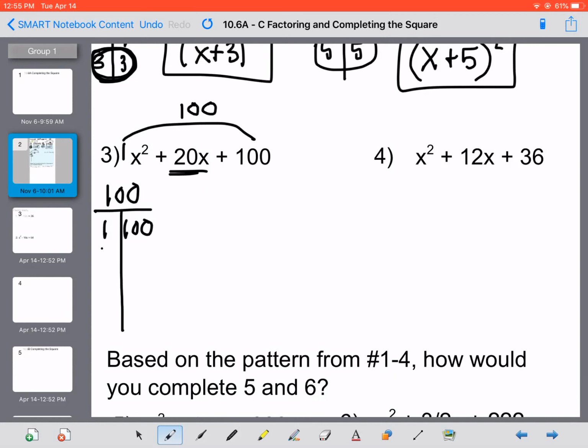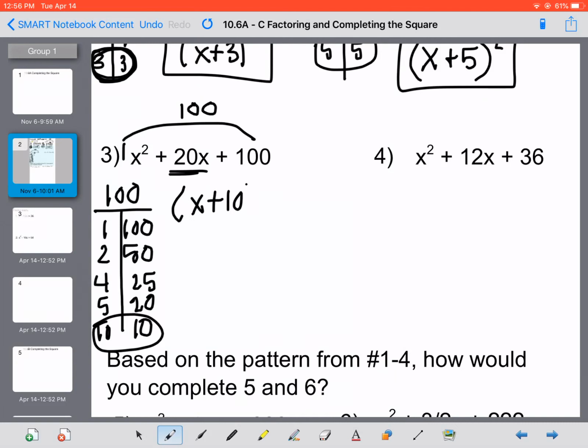We have 1 and 100, 2 and 50, 4 and 25, 5 and 20, and 10 and 10. So which pair adds to 20? Well, 10 and 10 do, and because our a is 1, we have our shortcut, so this becomes x plus 10 and x plus 10, which is x plus 10 quantity squared.